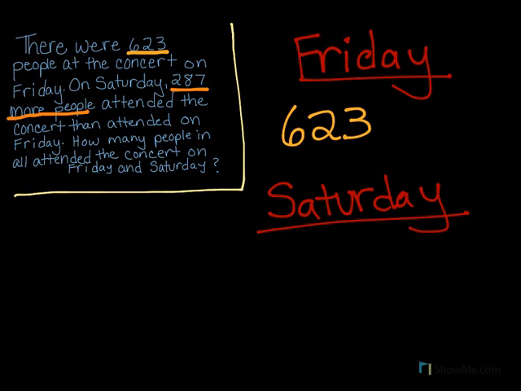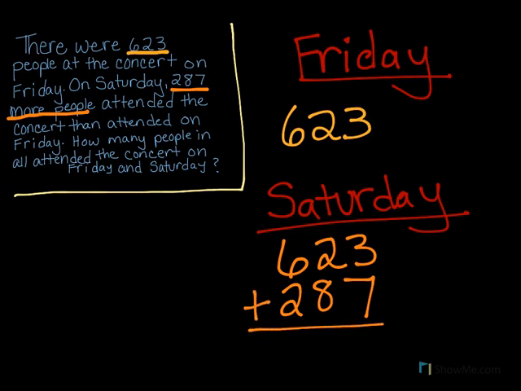So my first step, I need to figure out how many people attended on Saturday. Well, if there was 623 on Friday and 287 more people attended on Saturday, then I need to add.